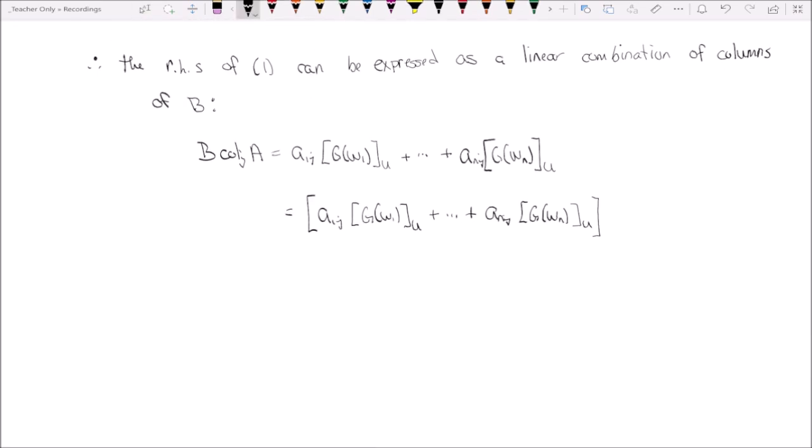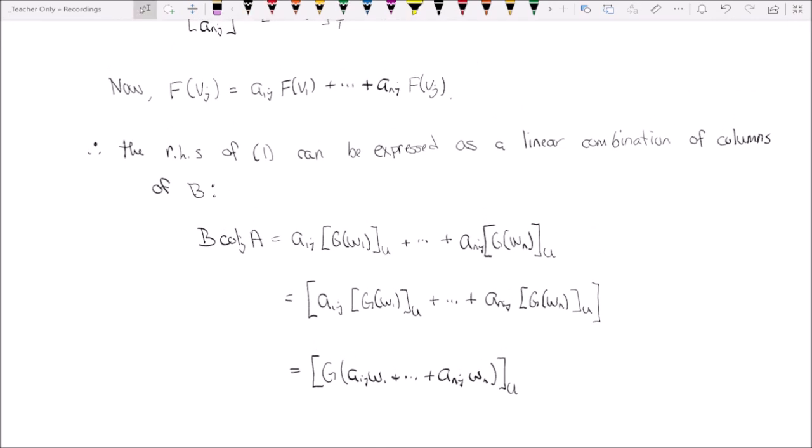Which, again, using the fact that g is a linear mapping, we can write this. However, if we look here, let's call this up here number 2.